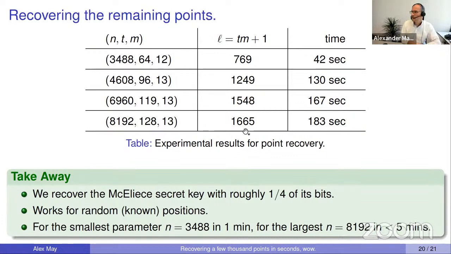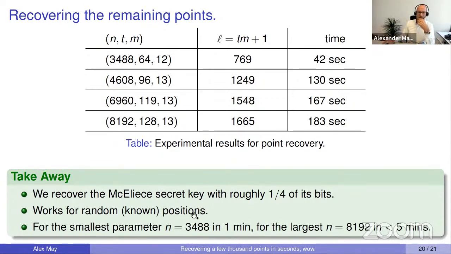If you think of RSA, for instance, then we had like three-fourths of the bits known, and we could recover the remaining 1/4. So here it's the other way around. So we really need less information to do it. It works for random known positions, so that's also different from RSA, where you really had consecutive positions, and for random you had a worse result, so you needed more bits.